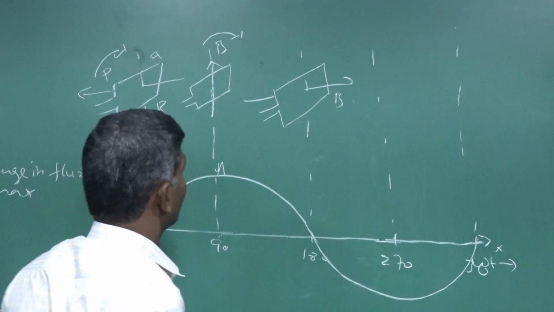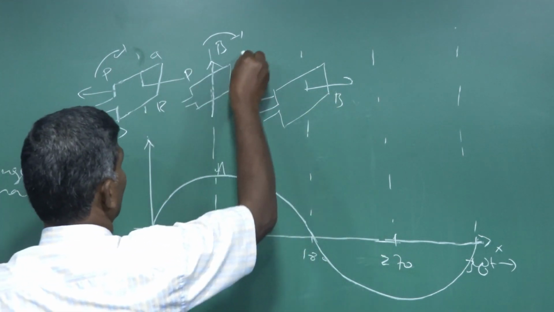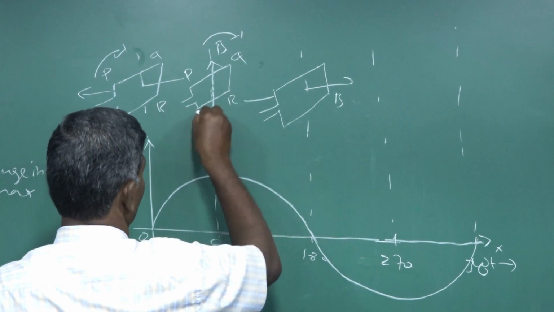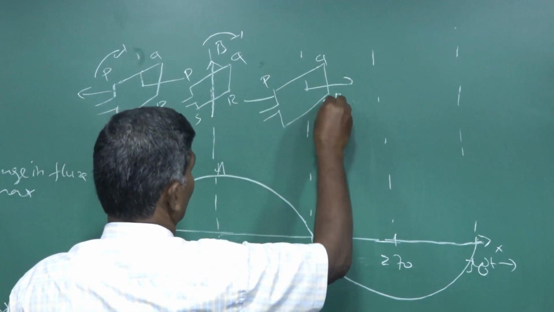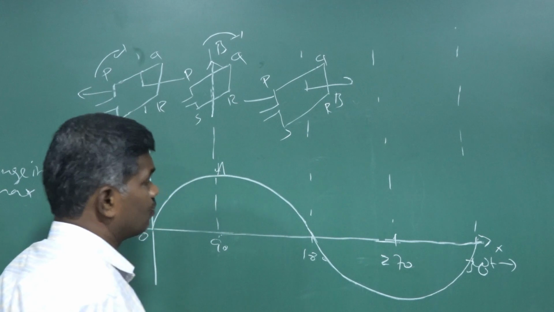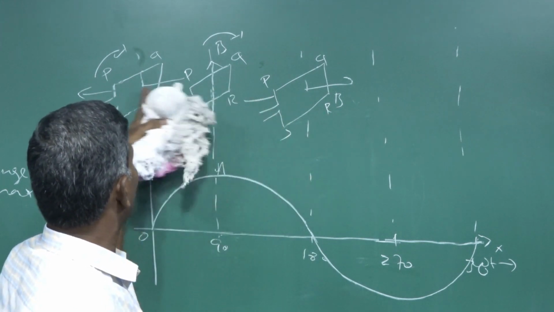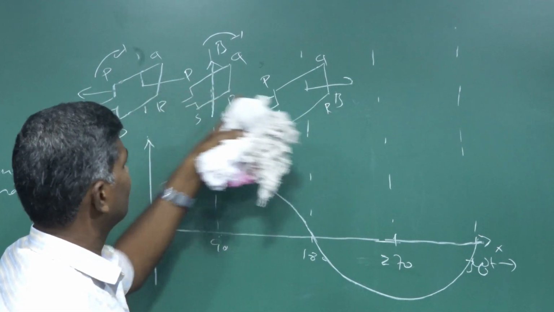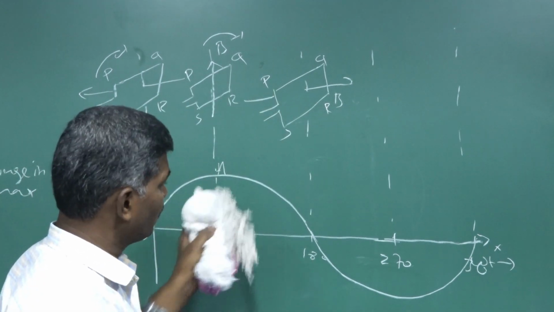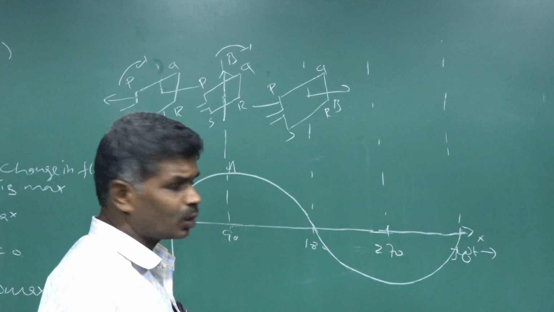Magnetic field direction becomes like that. We want to mention very carefully the PQRS for each position of that conductors, that is armature. But here and here direction may change, but flux linked is maximum and EMF induced is 0.